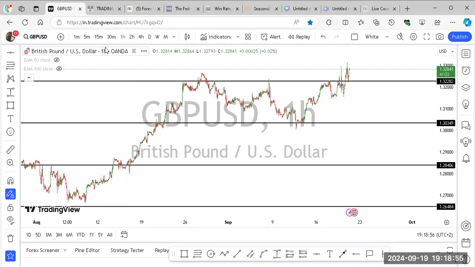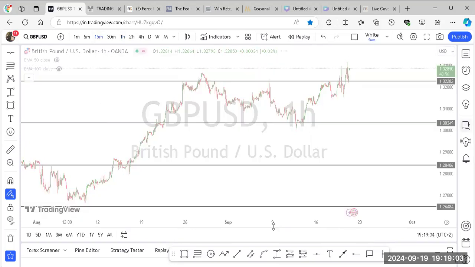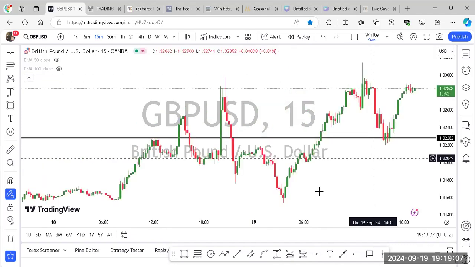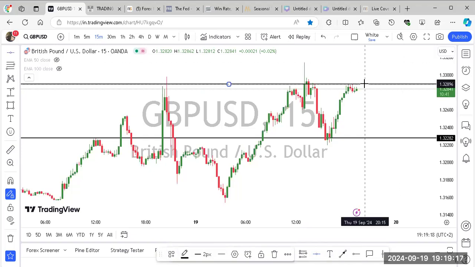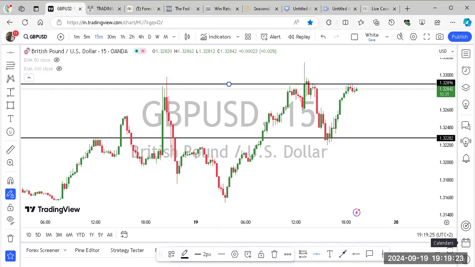We can find a different range on a 15-minute time frame. Let's see if we can find one quickly. We've got an impulsive move from here to there. Don't know if it's quite done, but we'll measure it. The levels that you identify on one time frame must not appear on the other. It's just going to look like one big mess with a lot of horizontal lines running across all these time frames.